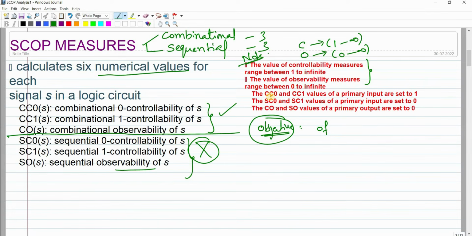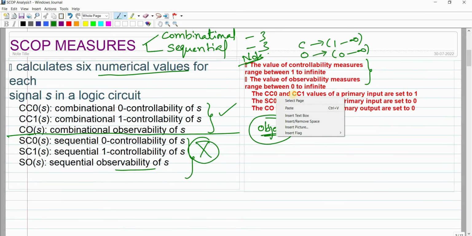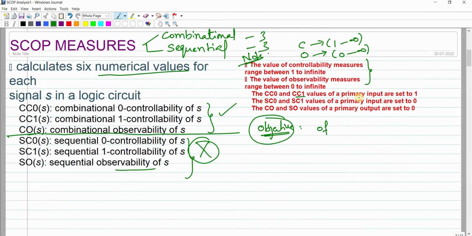The combinational 0 controllability and combinational 1 controllability values of primary inputs are set to 1. The sequential 0 controllability and sequential 1 controllability values of primary inputs are set to 0. Combinational observability and sequential observability of a primary output are set to 0. These are the 3 important points.